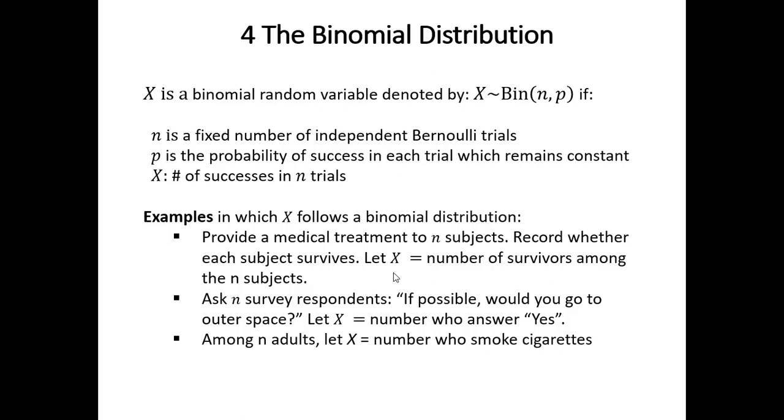If n is 50, you could see that x would be an example of a binomial random variable, and it follows a binomial distribution. We could also consider a group of n adults. Let x be the number who smoke cigarettes. So again, x would be a binomial random variable.